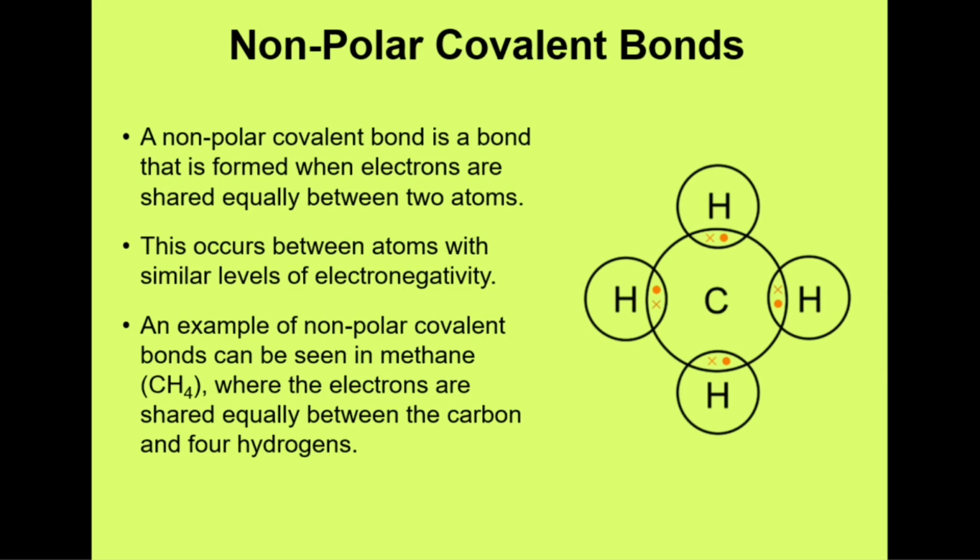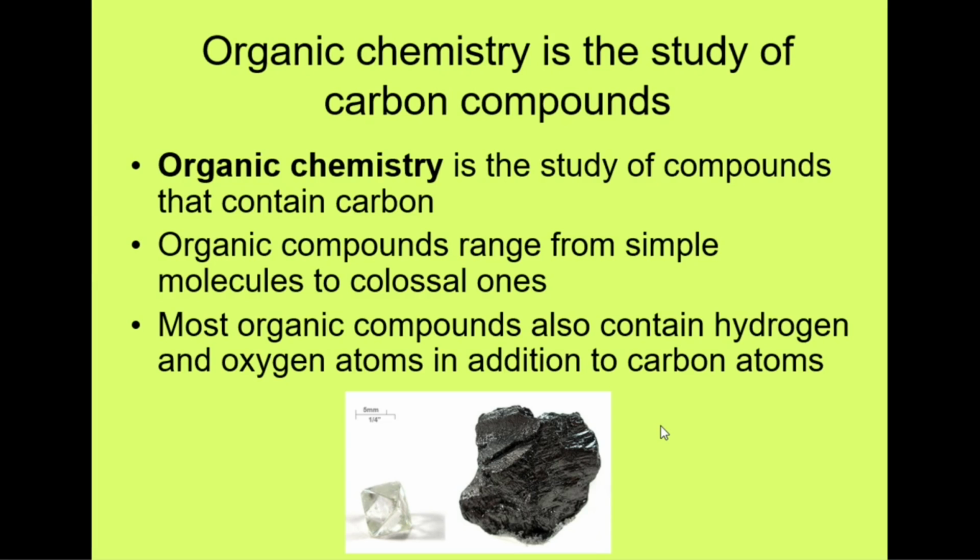So that makes a non-polar covalent bond. That means that there is no electrical charge around them, so they are less likely to form bonds with other atoms. They're much less likely to form hydrogen bonds with water, things like that. Okay, so those are polar and non-polar covalent bonds. We'll talk more about those in later lessons.